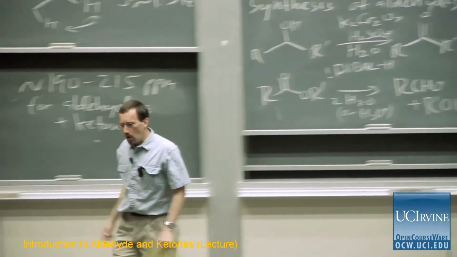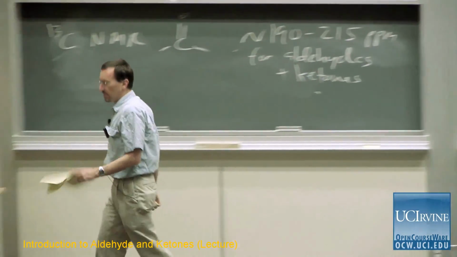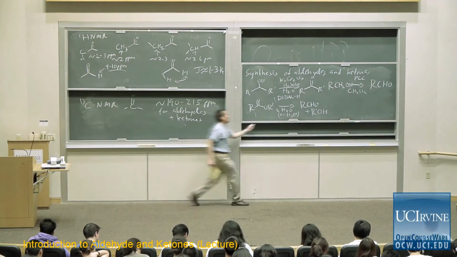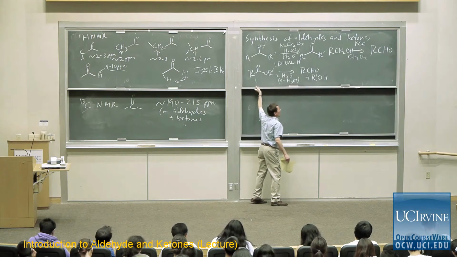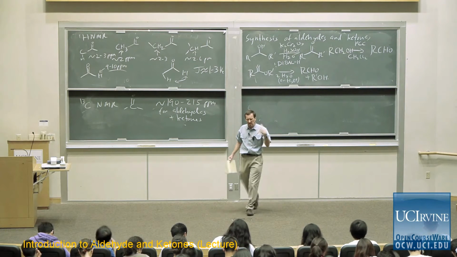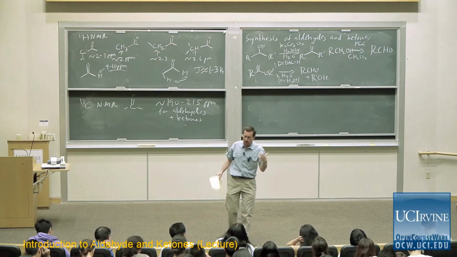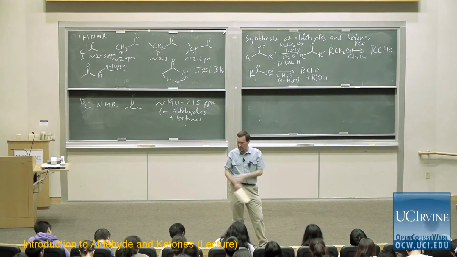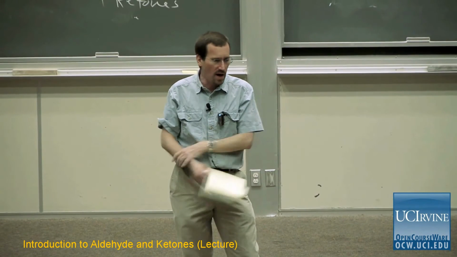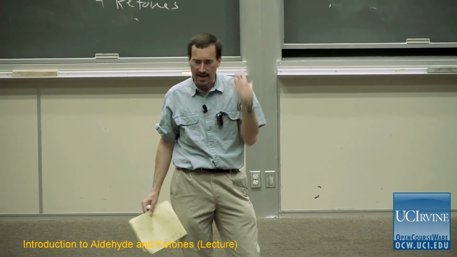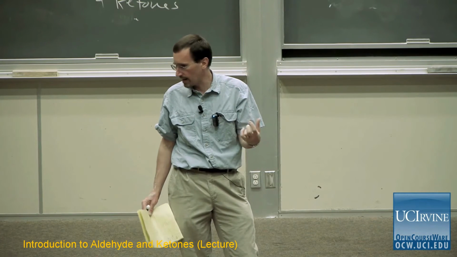Your textbook also reminded you that there are selective reactions to reduce acid chlorides. Acid chlorides are extremely, extremely reactive. You'll learn as we go on to discuss esters and other members of the carboxylic acid family that acid chlorides react directly with water.